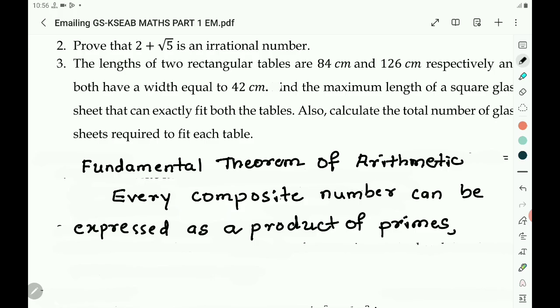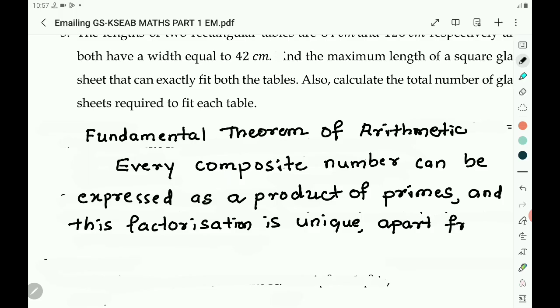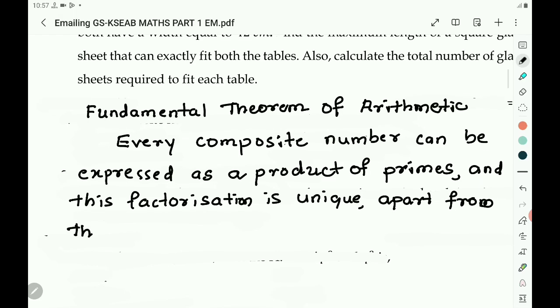And this factorization is unique apart from the order in which the prime factors occur.